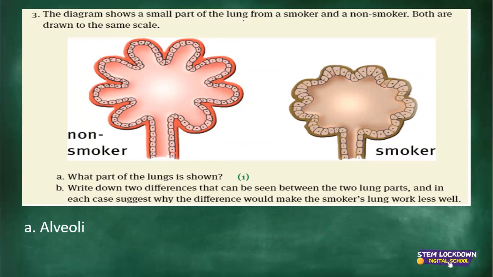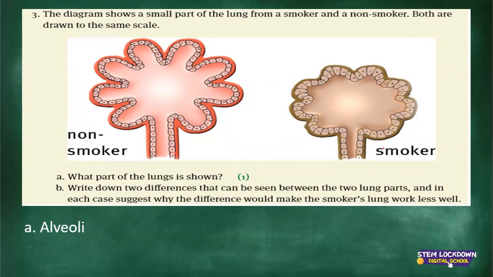So look at the 2 alveoli over here. When you compare them, this one here is that of a non-smoker, and the one on my right is that of a smoker. Compare these, and also suggest why this difference will make the smoker's lung work less well.